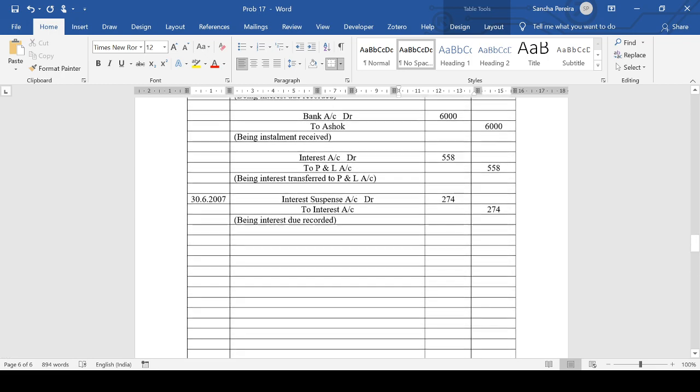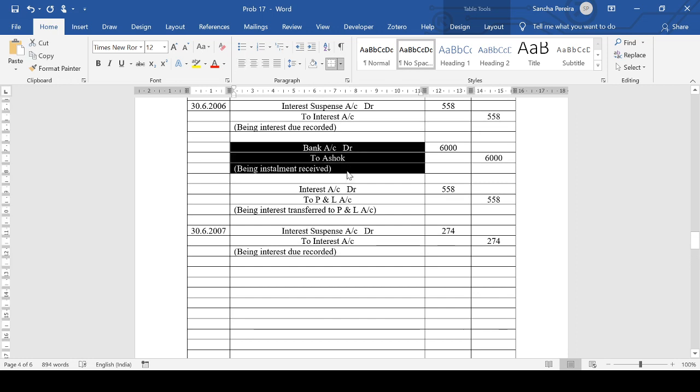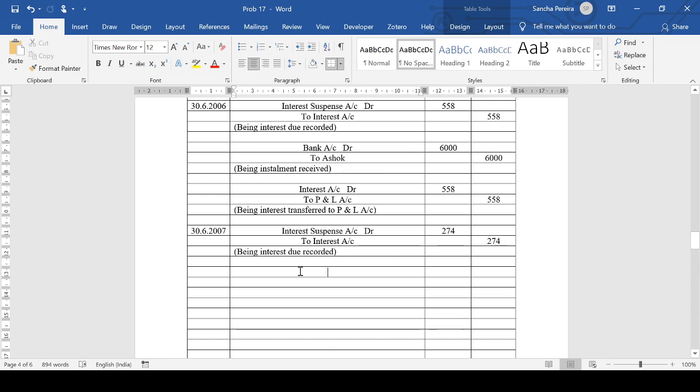Then we go and pass the entry for our installment. Bank account debit to Ashok. All the installments are 6,000.